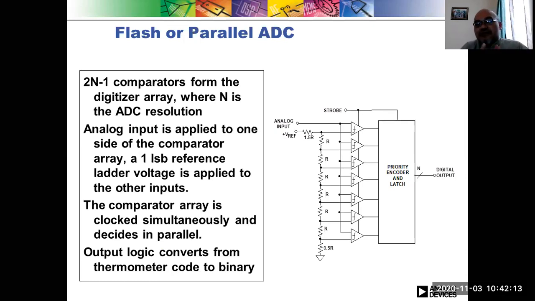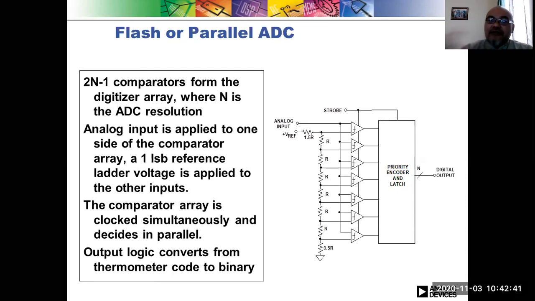Immediately the analog input is divided by this voltage divider circuit with resistors. The voltage at each particular point depends on the voltage division formula: the resistance from this point to the ground divided by the total resistance, multiplied by the analog input.